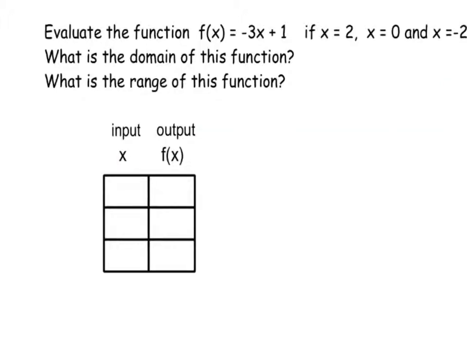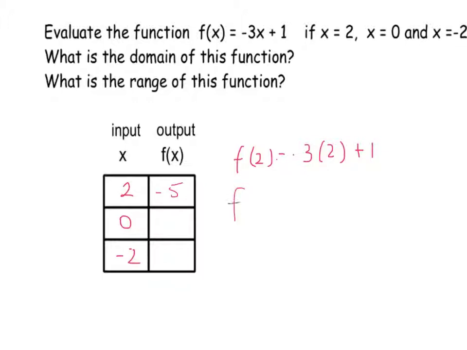In this slide, we are asked to evaluate the function for several values. We need to evaluate for x equals 2, 0, and x equals -2. So I'm going to place those numbers in my table, 2, 0, -2. And on the right-hand side, I'm going to find the values for them. So f of 2 will equal -3 times 2 plus 1, which is -6 plus 1, -5.